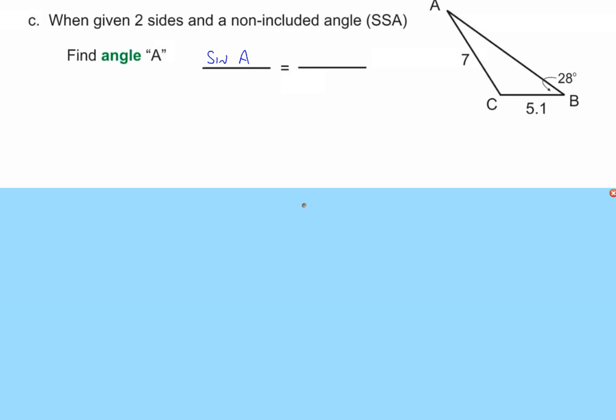Now again, side A is going to go on the bottom, and we're algebra 2, so we got the formula in our head. What are we going to stick on the bottom? What number? 5.1. We got to look at what they gave us. So hopefully you're going to stick on the top what? Sine 28, right? And of course on the bottom you're going to put 7.